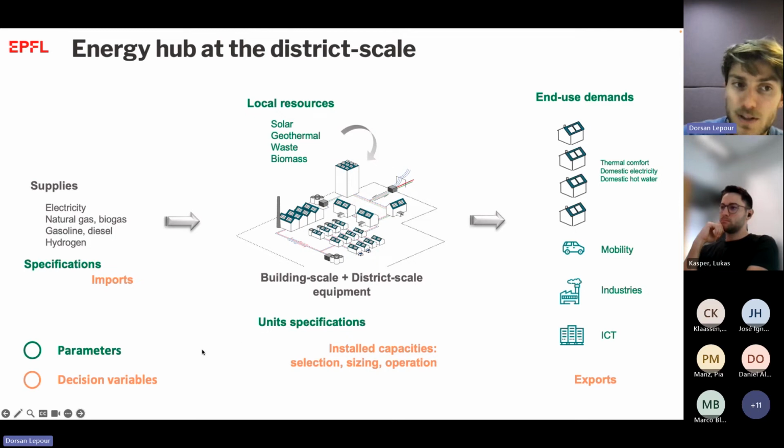These are the parameters, and in orange, you see the decision variables. So now my optimization problem will select, size, and operate some capacities to be installed.